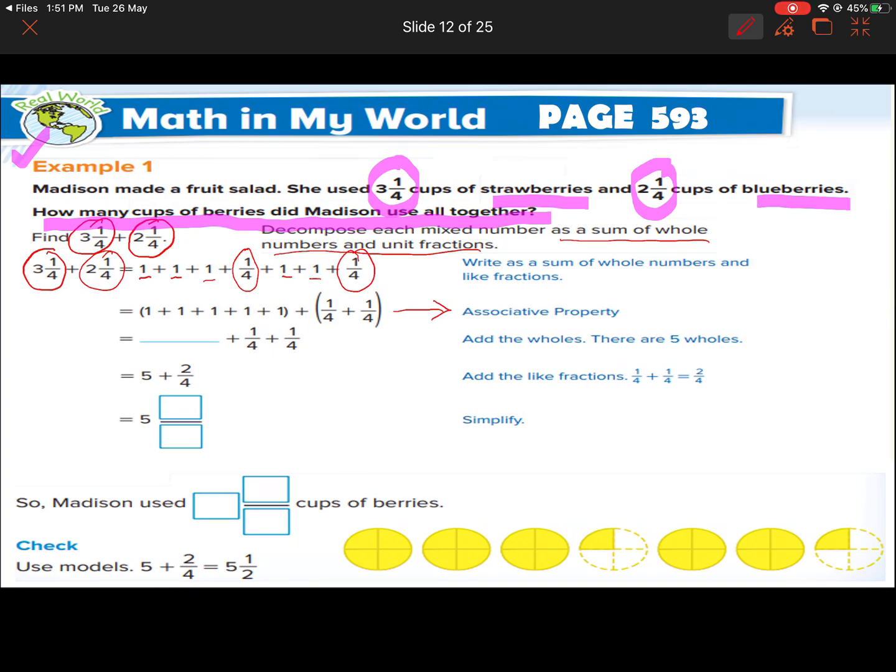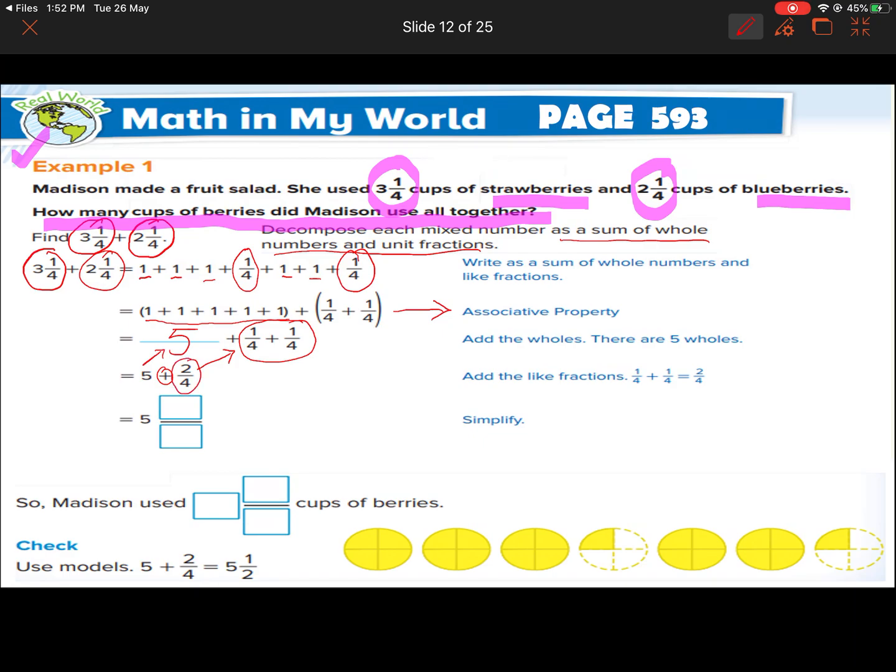When we combine all the whole numbers together, you get 5, and these are our fractions. Now see this, 5 wholes plus 1/4 plus 1/4 gives you 2/4.